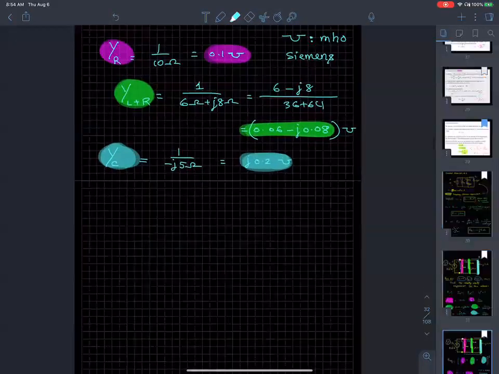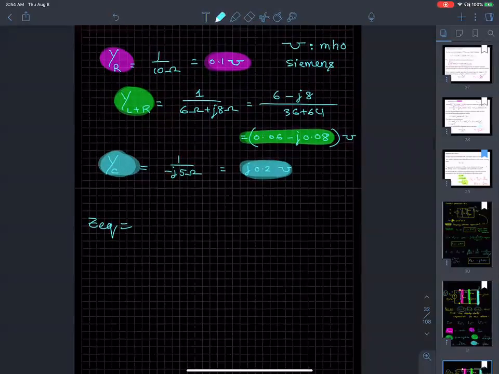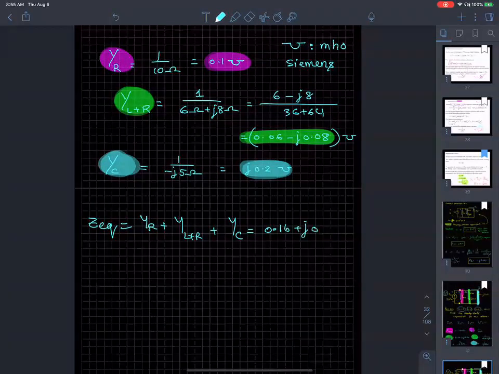Let's see. The sum of the purple, the blue, and the green components, which is YR plus YL plus YC, is going to come out to be 0.16 plus j0.12 mho.